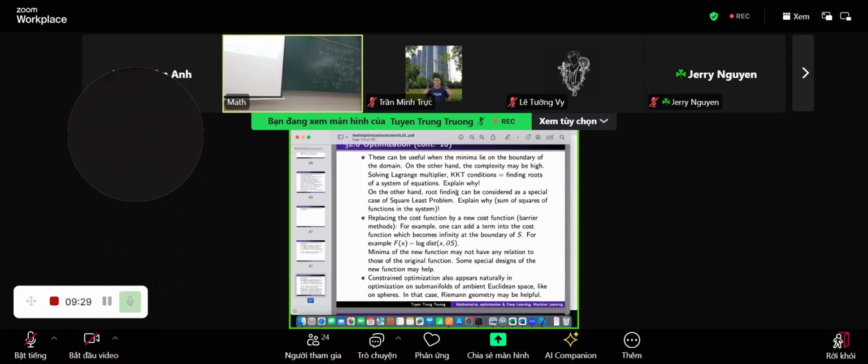But one example is if you want to find the smallest eigenvalue of a symmetric matrix. Maybe I write it.